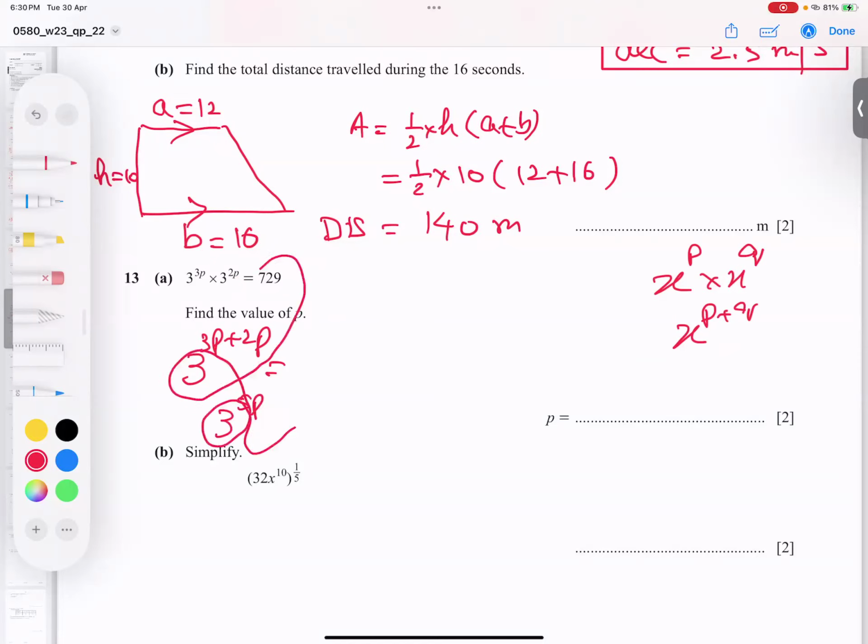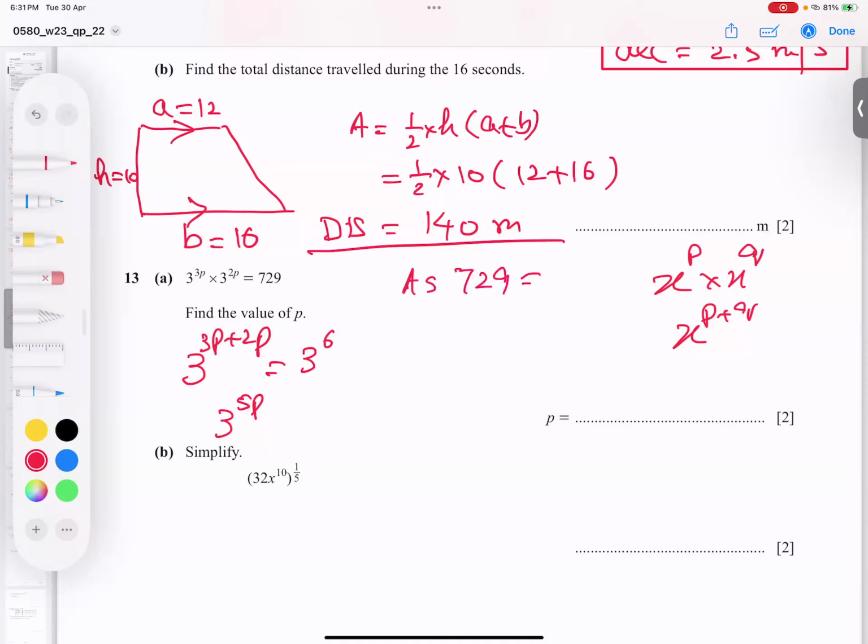The base is 3, so 729 is 100% 3 to some power. Please take a calculator and try it. 3 to the power 3 is 27, 3 to the power 5 is 243, and 3 to the power 6 is 729. So 729 is actually 3 to the power 6.